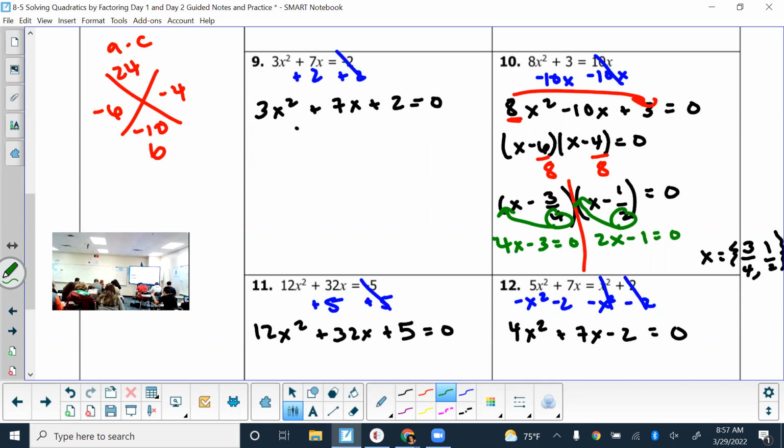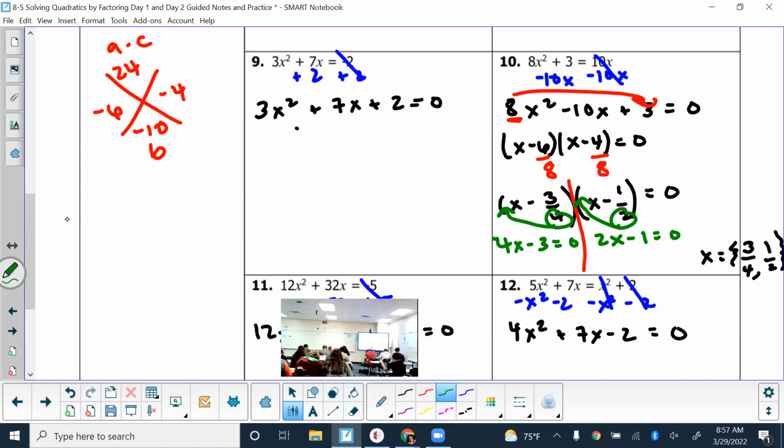I'll do it over here because there's more room. But what's opposite of subtracting 3? Good. I get 4x equals what? And then opposite of multiplying by 4 is dividing by 4. And that's why you can see x equal to positive 3/4, like we said it would.